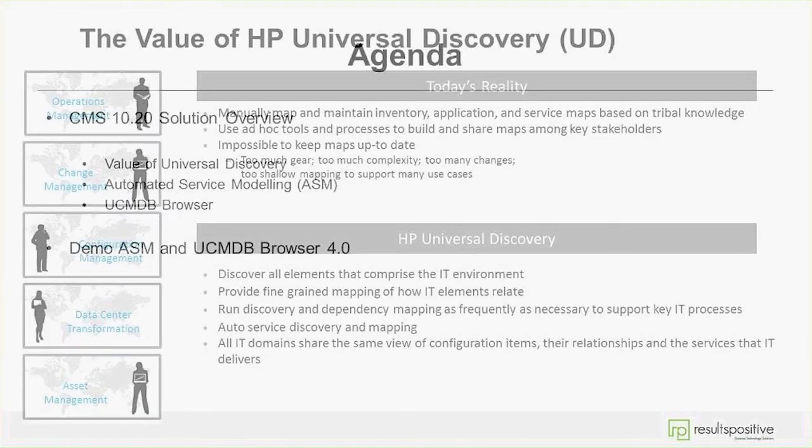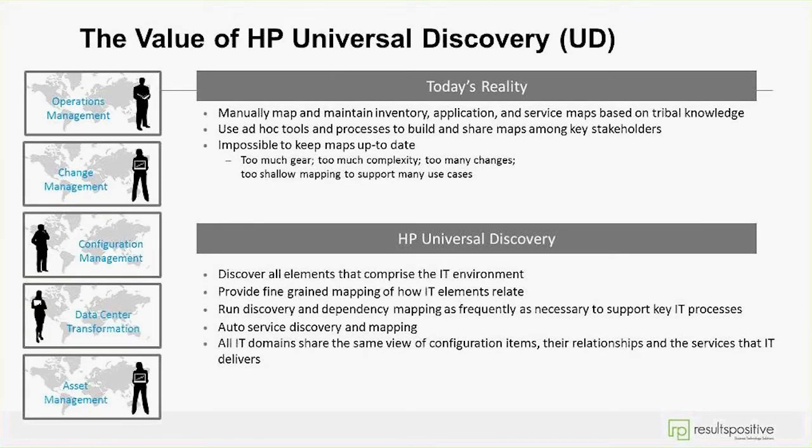Starting with the value of HP Universal Discovery. We all know today's reality is pretty much that most of our manual maps and inventory of the applications and assets are based out of tribal knowledge. We are using different ad hoc tools or processes to build and share these documents or databases among our key stakeholders. Now, this information could be sitting in a Visio or coming out of an Excel sheet, out of different databases.